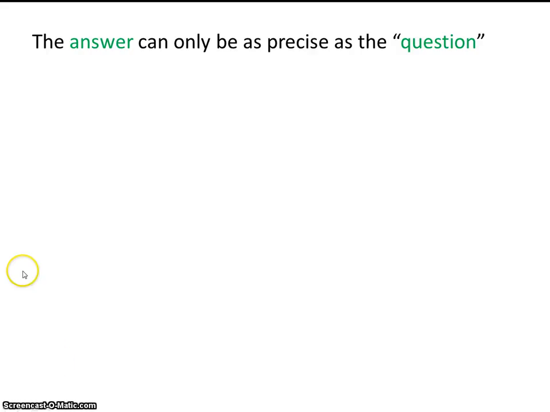What I mean by that, if you're adding, subtracting, multiplying, or dividing some numbers, the answer that you get can only be as precise as the question. And why I put question in quotes, what I mean by question are like the two numbers that you're multiplying together, for example, would be the question, and the product would be the answer.